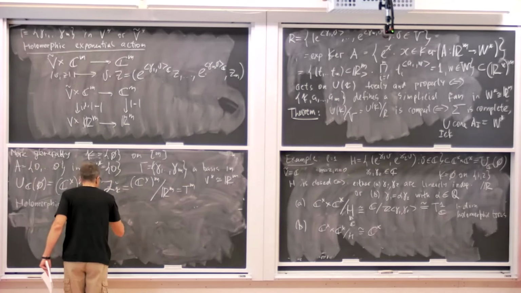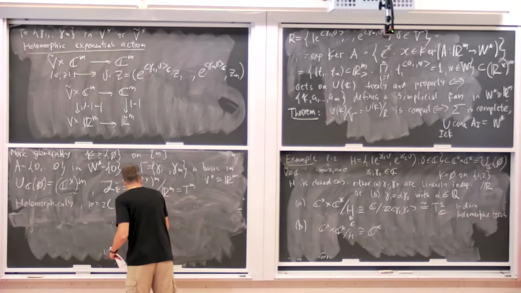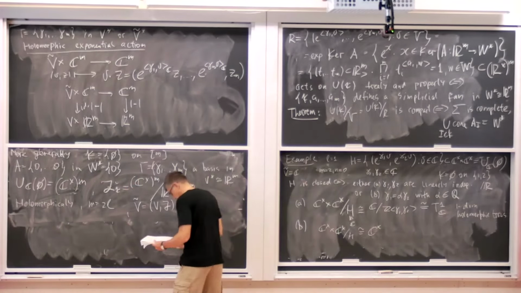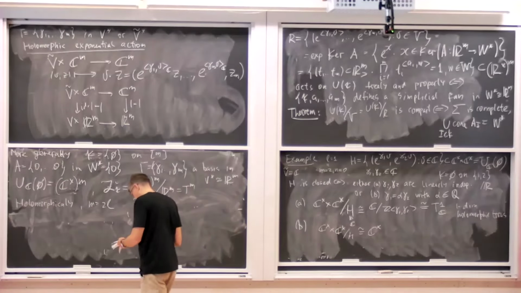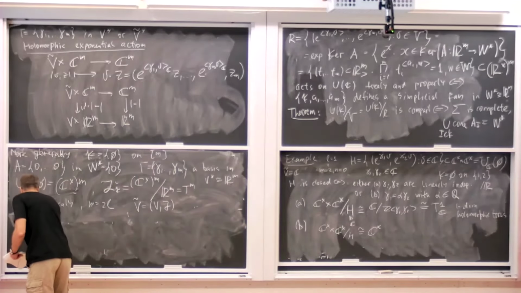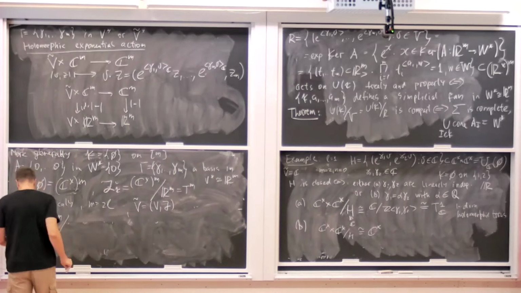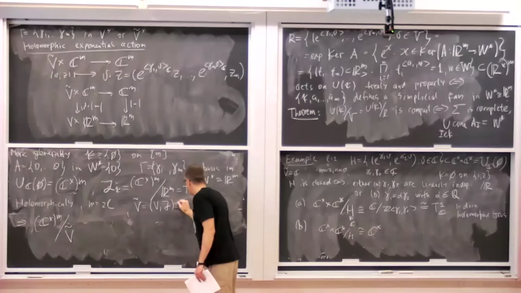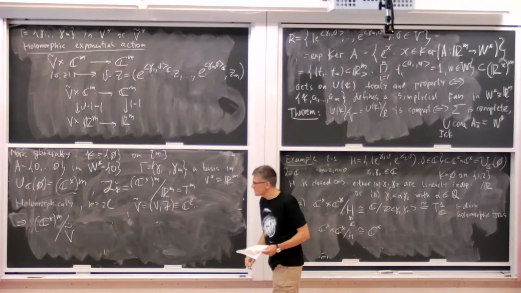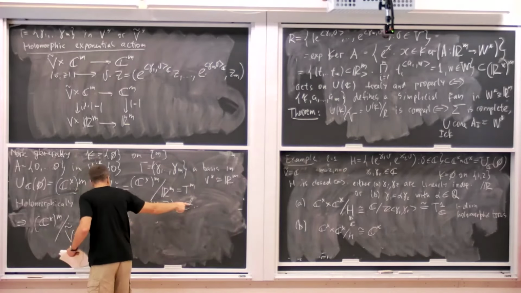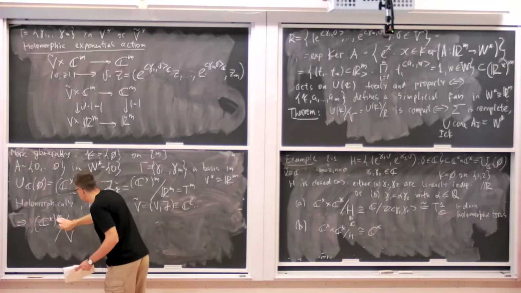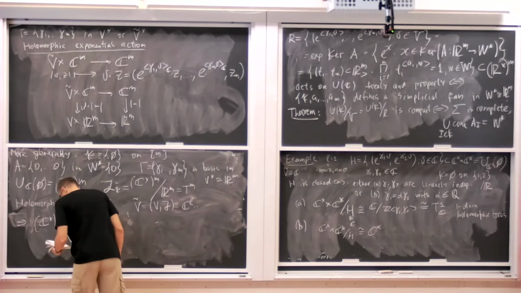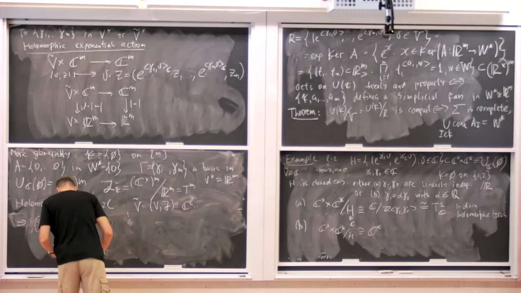So if M is even dimensional, then you put a complex structure onto this vector space, and again you get C^L, the complex space of half the dimension, and now you act by C^L on (C star)^M. So this is precisely half of the dimension of this one, and you get a complex torus, a complex manifold.